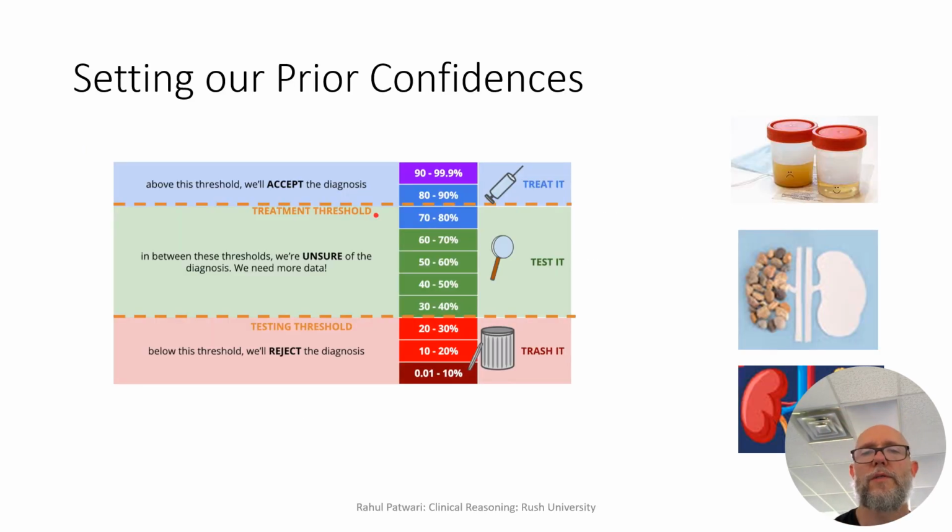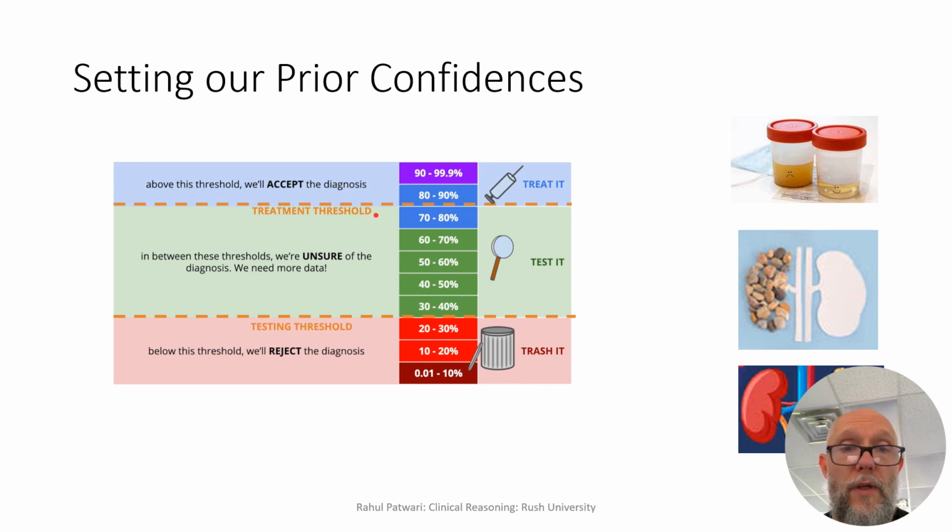Okay. So when you think about your prior confidences, we've got this differential of three things: infection, kidney stone, renal cell cancer. We need to first put that into a list of probabilities, right? And so I've kind of stacked this: UTI greater than stone, greater than cancer, and we could argue about whether you would switch that order for any reason or not.